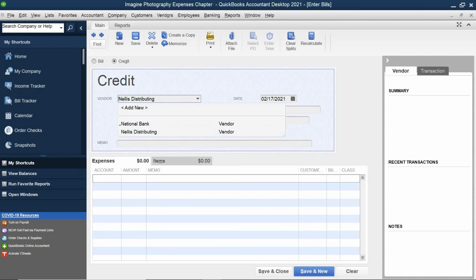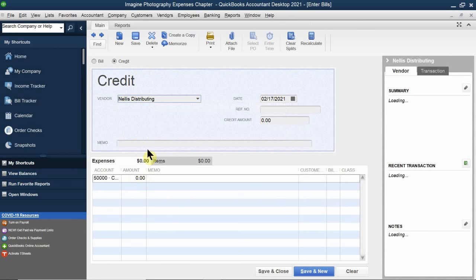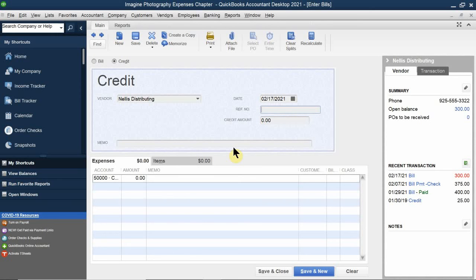In this case, I received it from Nellis. So now that I have a credit, it's going to be the same day, but because it's a credit, you're always going to use the reference number and add a letter C, so that you know this belongs to this particular bill. In this case, the bill was 5088, and we're going to add a letter C to make sure we know this is connected to the bill that we just received. This is a credit, and it's going to be applied to that bill.